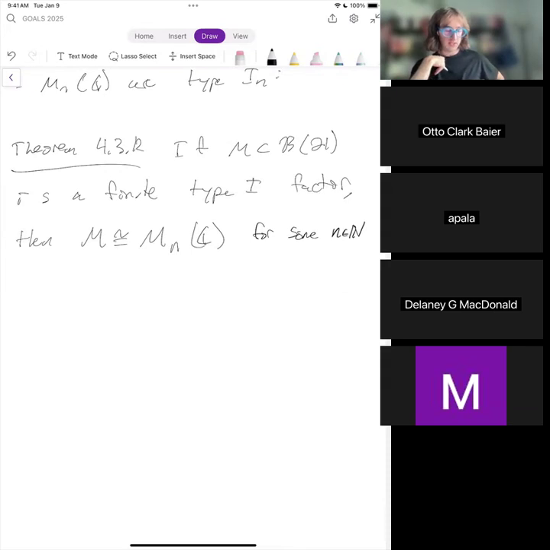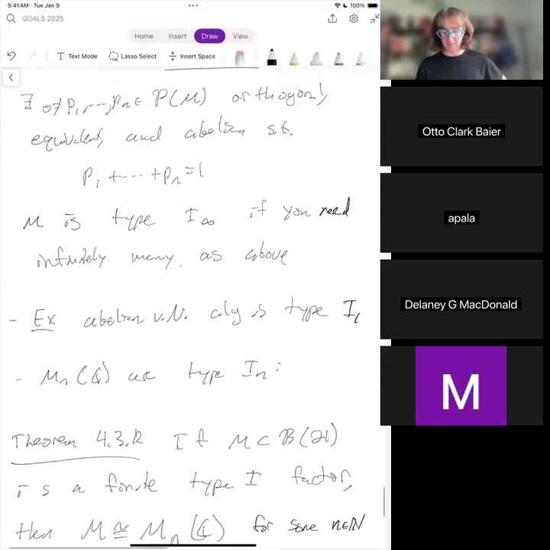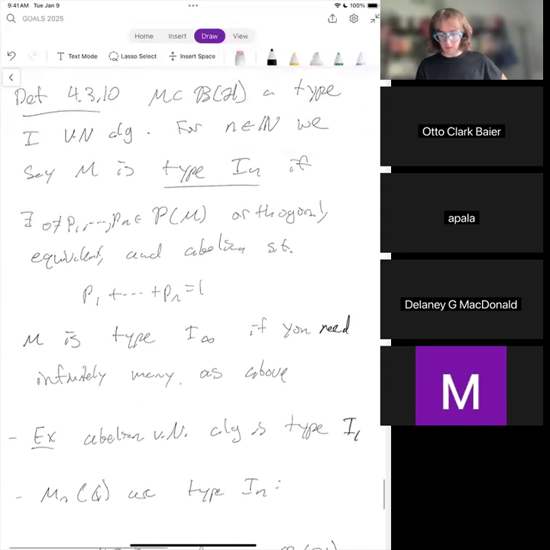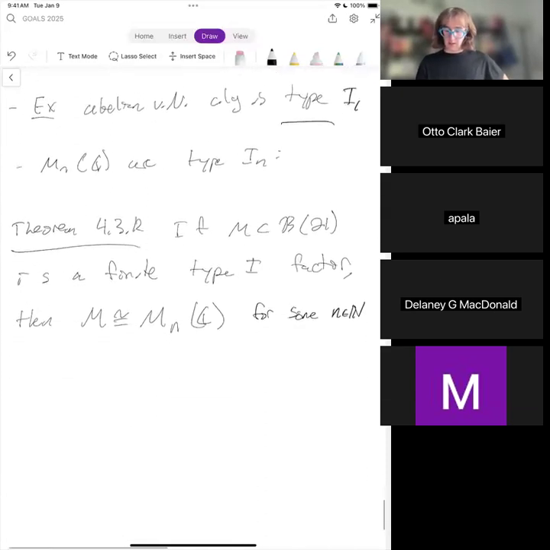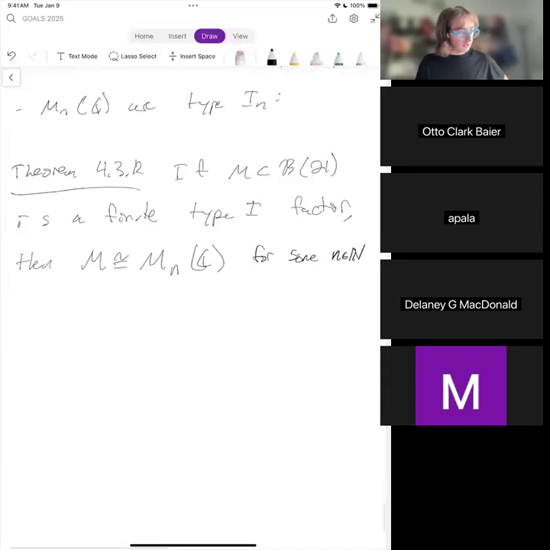The proof of this is in the notes, but at this point we can basically just say what all type 1 von Neumann algebras are. When it's not a factor, with the abelian case, then you have a type 1, 1. Then finite type 1 factors are just the matrix algebras.